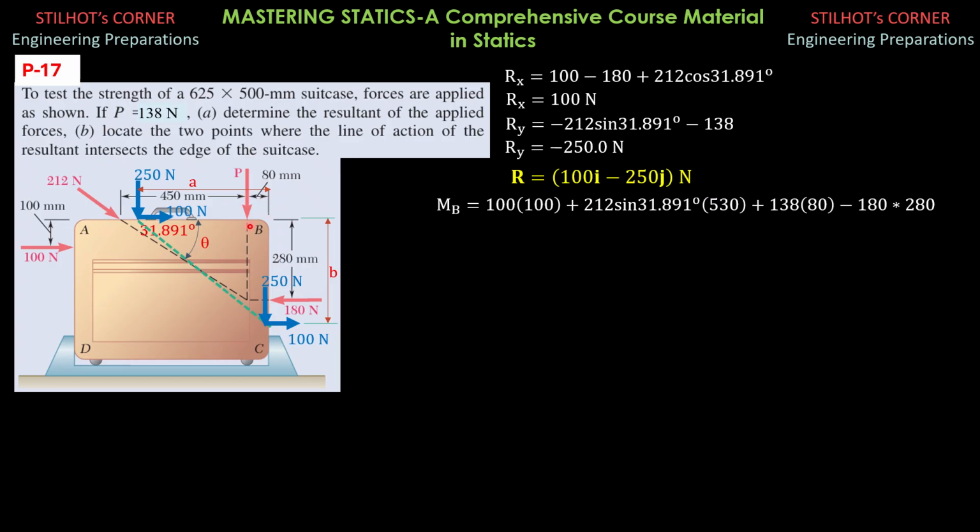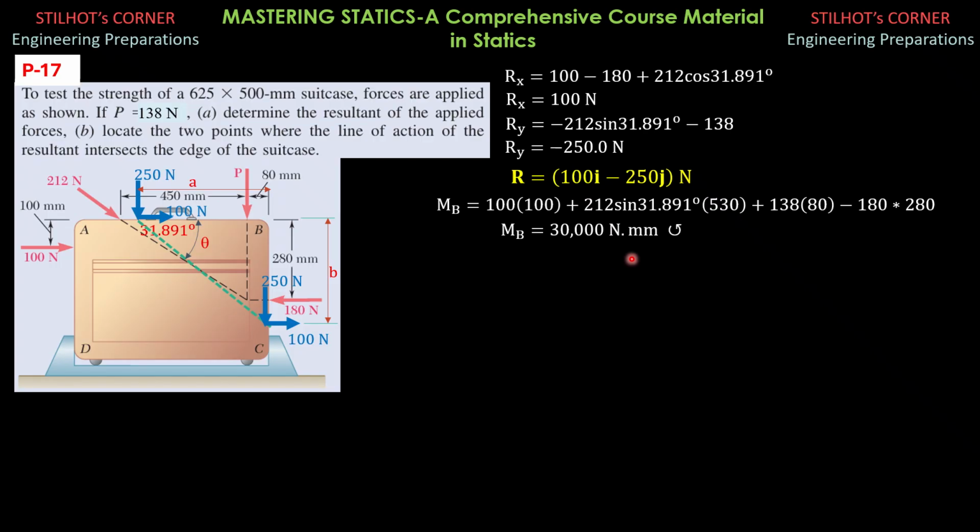Then plus moment of this P here, which is counterclockwise about B, is 138 times 80. Then lastly, minus 180 times 280. That's clockwise. So calculating, moment about B is equal to positive 30,000 Newton mm.